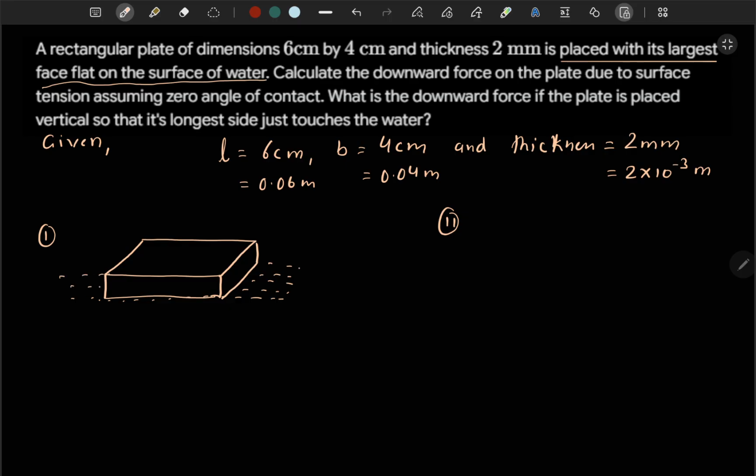So when the plate is kept flat on the surface of water, the lower surface is in contact with the water surface.